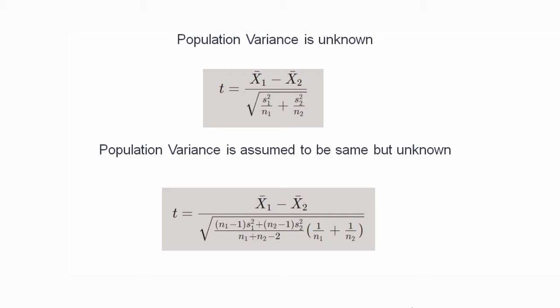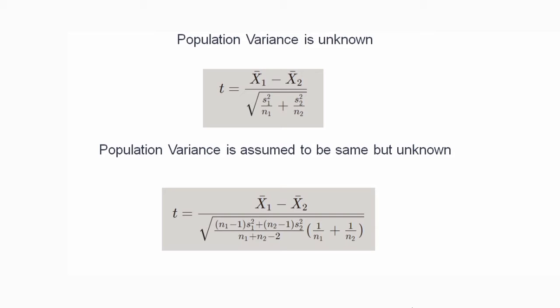Always remember, here the population variance is unknown. When the population variance is known, we go for the z-test instead of IST. Here we have a t-test because we have two unrelated groups and the population variance is unknown.